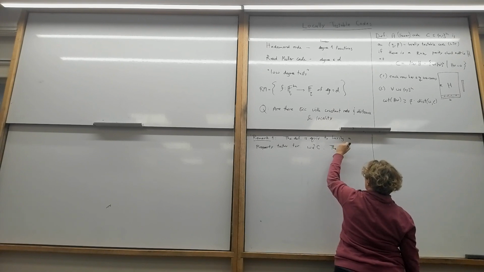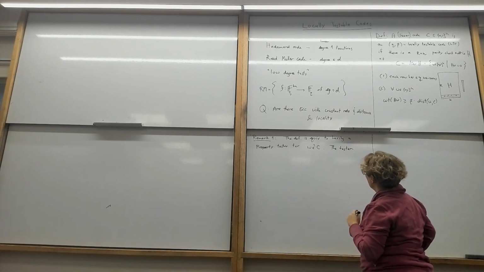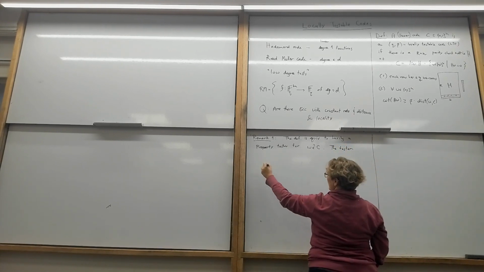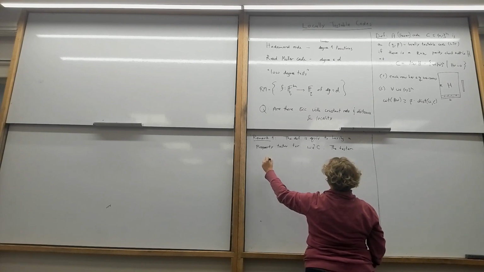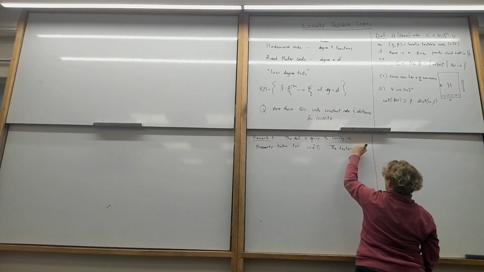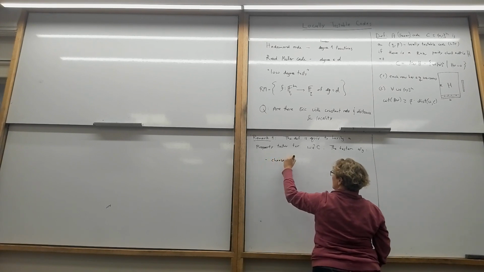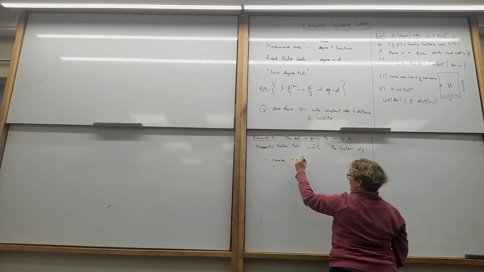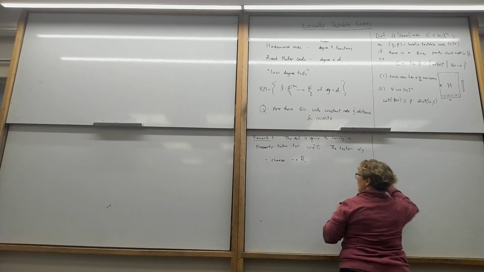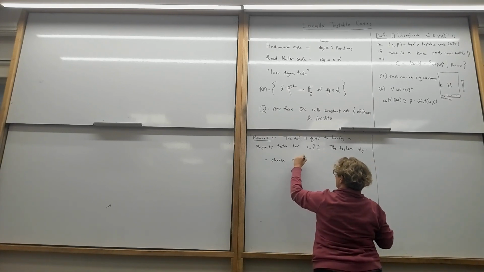What is a property tester? It's a randomized algorithm. It does the following. The tester is an algorithm that does this. First, choose a random row, so maybe a random number between 1 and R.